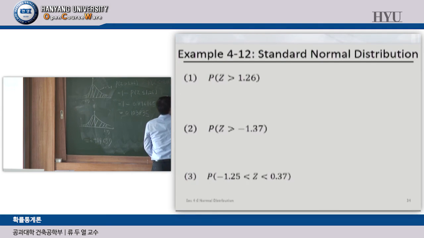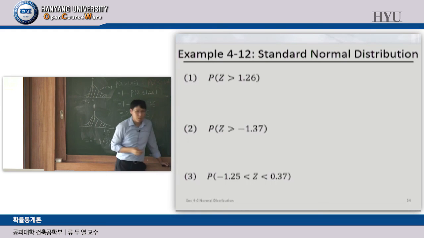The probability of Z between minus 1.25 and 0.37, right? This is this shaded area.